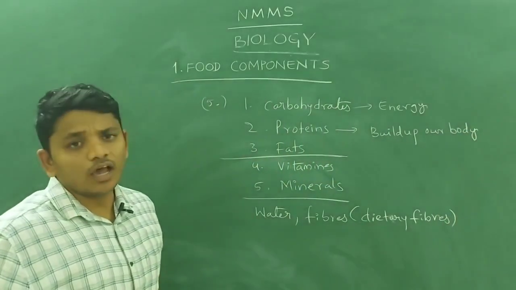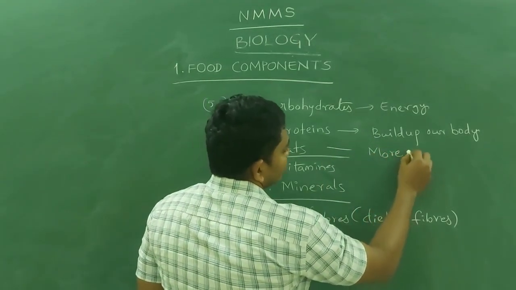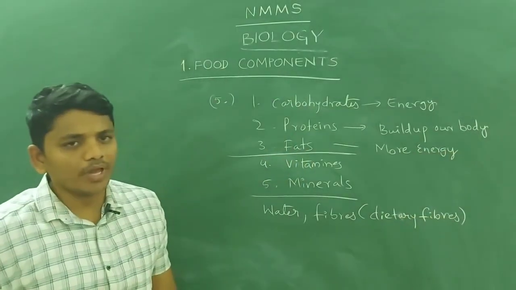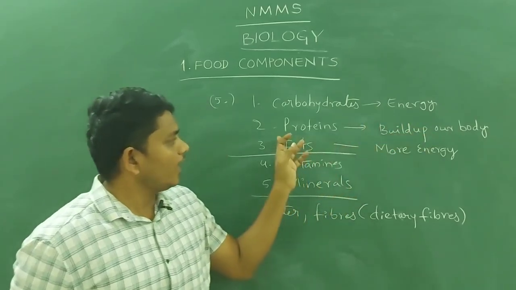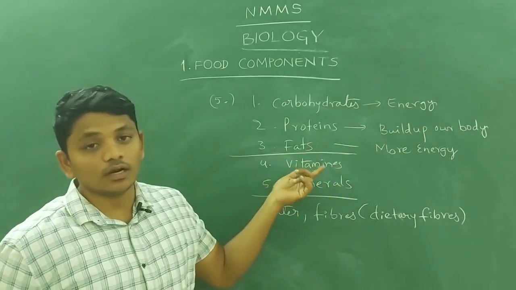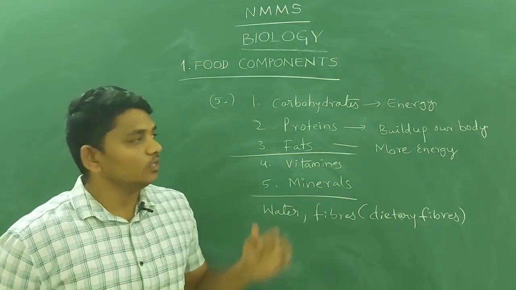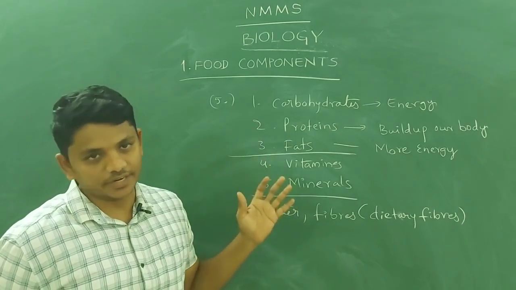And fats give us more energy when compared with carbohydrates. So carbohydrates give us energy, proteins are useful for building up our body, and fats are more concentrated energy sources in our food. These are the 3 major food components which our body needs.